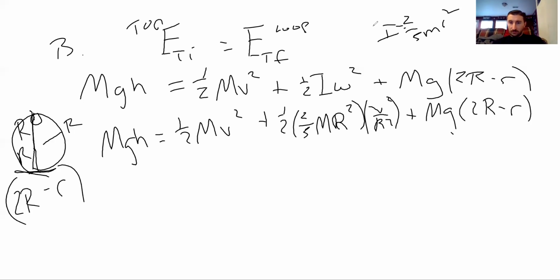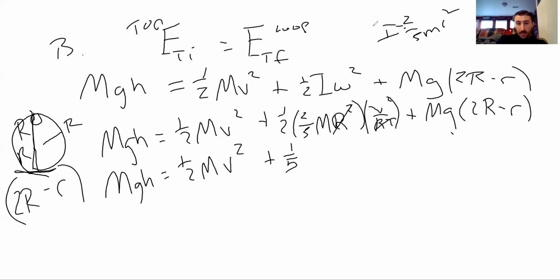All right, so let's see what we can cancel out here. So let's start in this middle here. R squares cancel out. What I got? 1/2 times 2/5, that's 1/5. So I got mgh equals 1/2 mv squared plus 1/5 mv squared plus mg(2R minus little r).